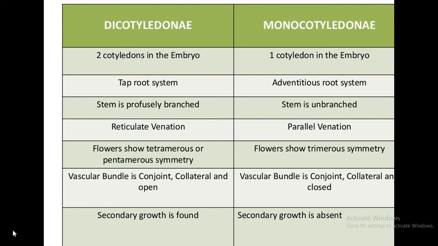These are all big trees, and the diameter of their trunk is very big. But in monocots there is no secondary growth. So you must have never seen any rice plant that big, or any wheat plant that big, or any grass. Grass is a monocot.